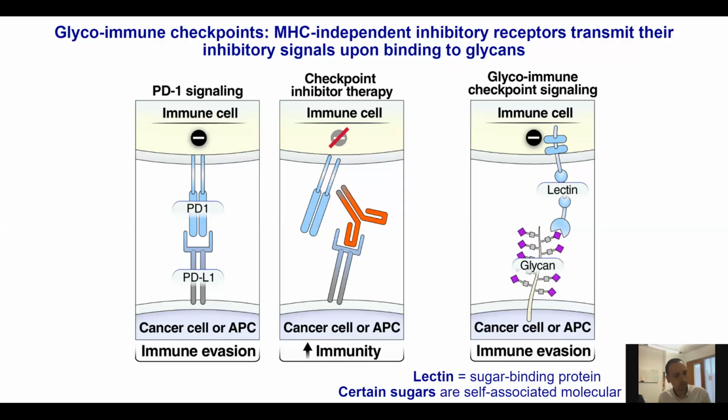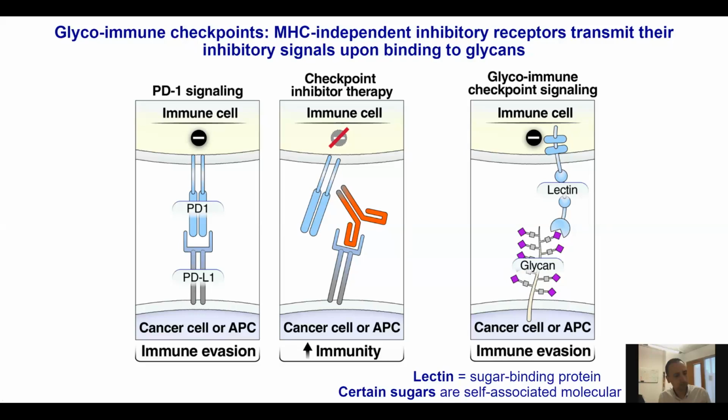That's why many cancer cells, many virally infected cells, try to decorate themselves with specific sugars in order to ensure binding to some of those inhibitory lectins and evade immune surveillance. Obviously, this represents a good possibility to block those glyco-immune negative checkpoints to enhance immunity.